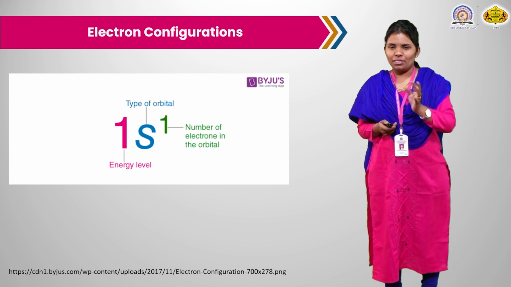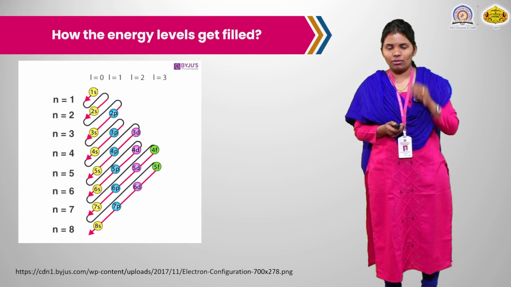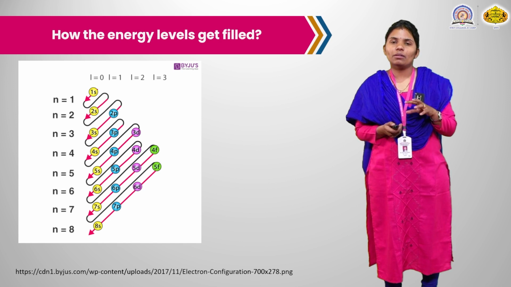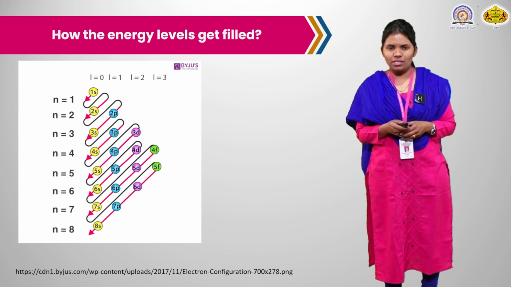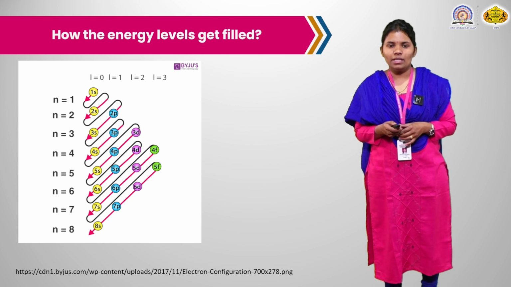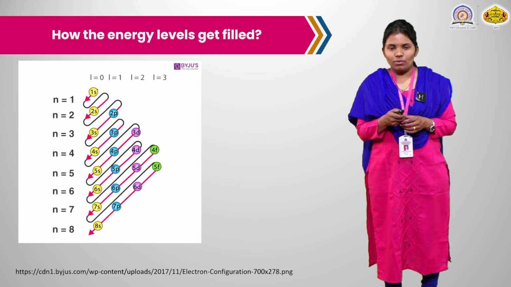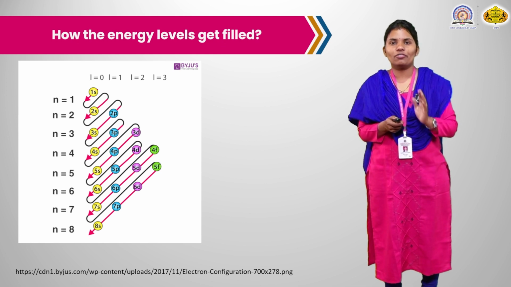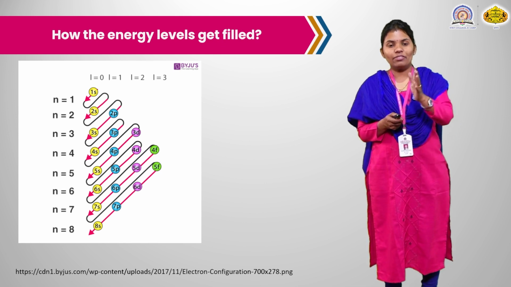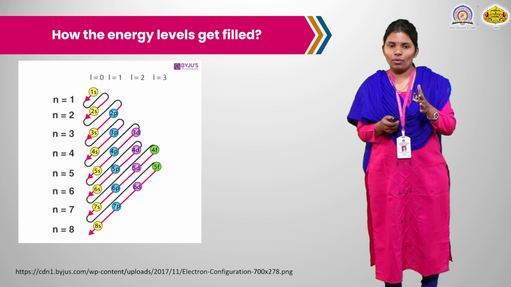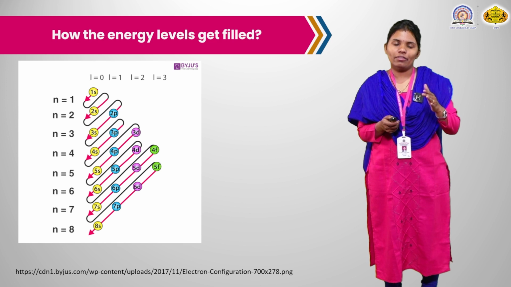These are some images that I have taken from the internet. There is one more criterion to fill up the energy levels. This is the trend: 1s, 2s, 2p, 3s, 3p, 4s. After the filling of the 1s level, you can fill 2s, 2p, 3s, 3p, 4s, 3d, 4p, 5s.